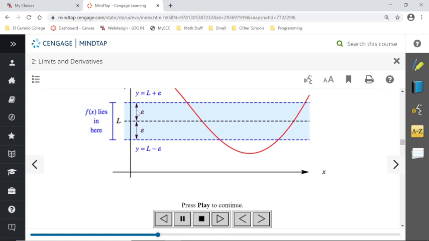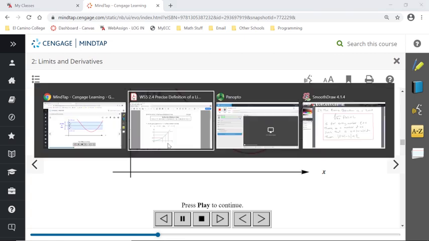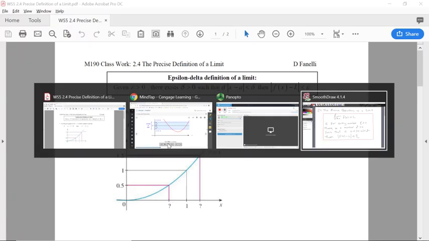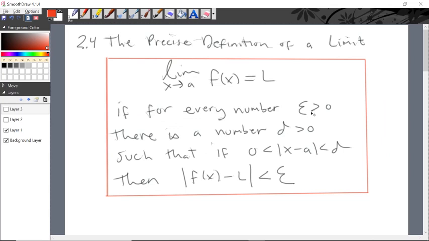And epsilon, along with knowing the value of L, gives us a y value interval. This is represented in the precise definition in this statement right here. If for every number epsilon greater than 0, saying that no matter what epsilon could have been chosen, as long as it is greater than 0, so let's assume this is a small number but positive.